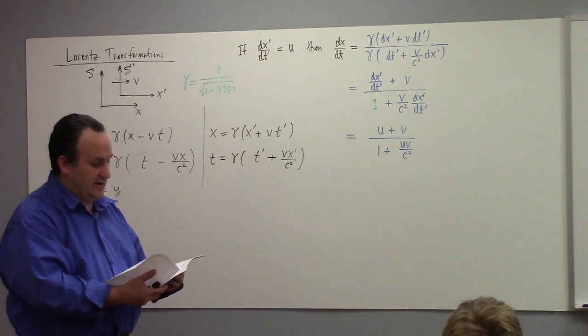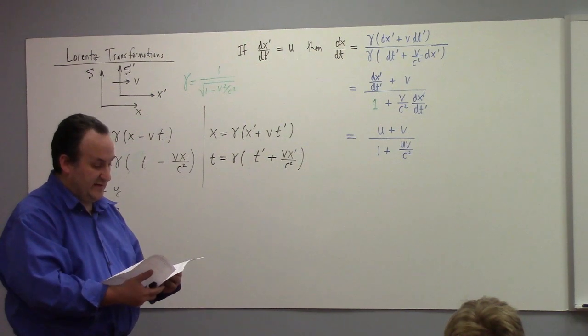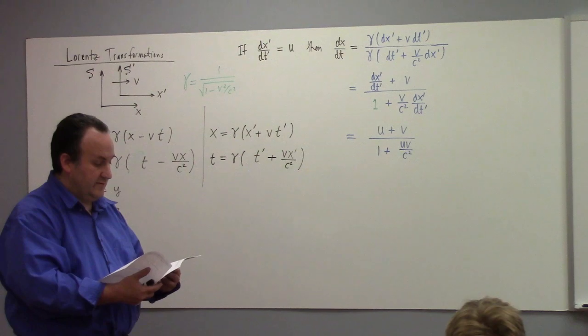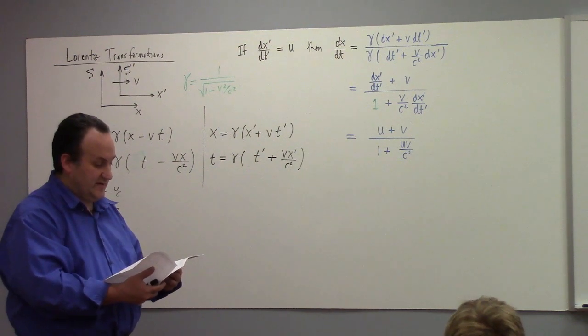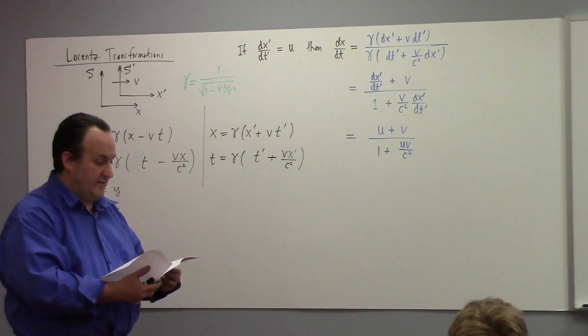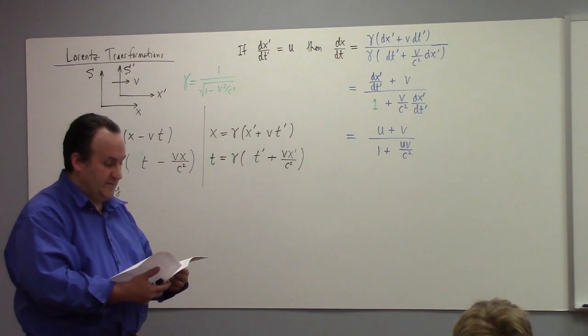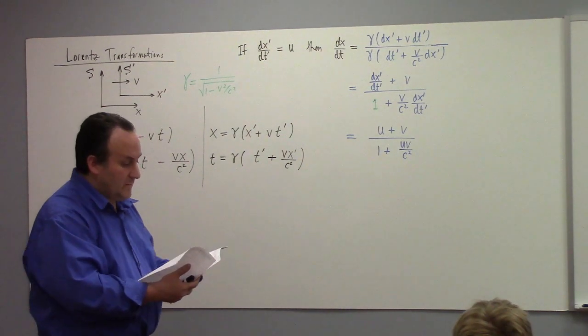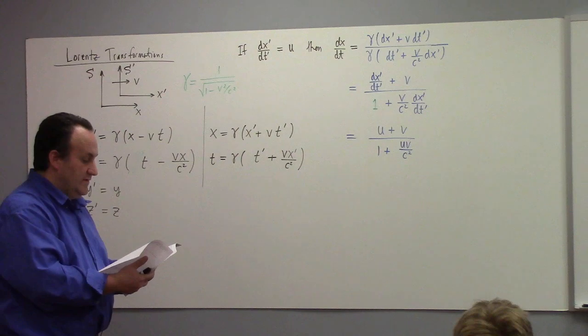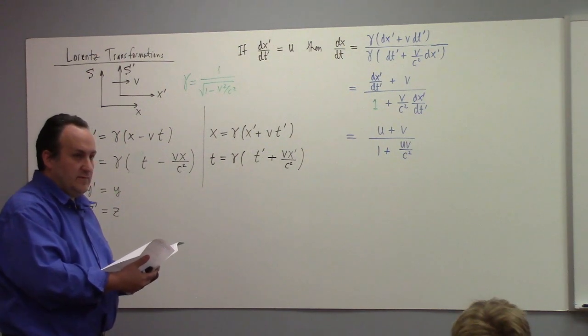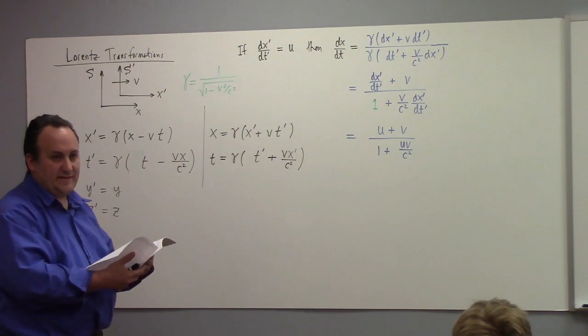Suppose a space train going at velocity c over 2 with respect to frame s. Then the space train has a bike rider who rides on the train at velocity v2 equal to c over 2 with respect to the frame of reference of the train. What's the observed velocity of the bike with respect to s? So you have to interpret this appropriately. It's not the same letters, right?